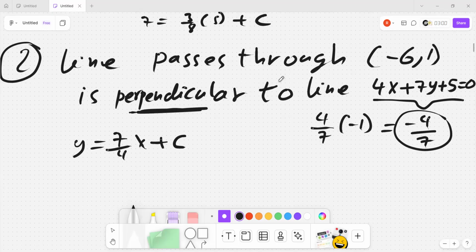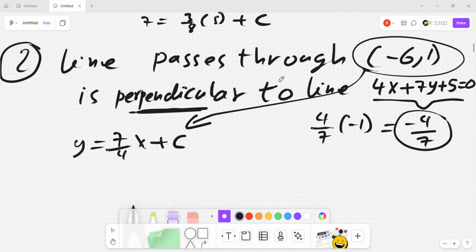Now we are trying to figure out c. We will use this point, but for this line, because this line is passing through this point, not this one. Plus c, and then you solve for c. That's it.